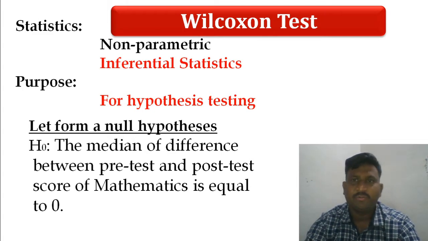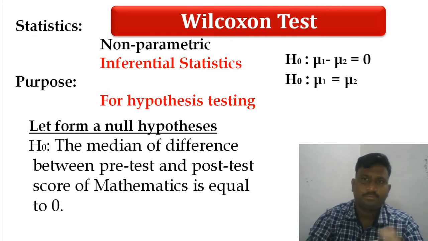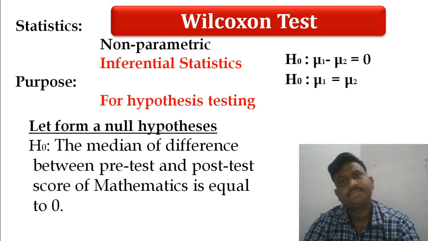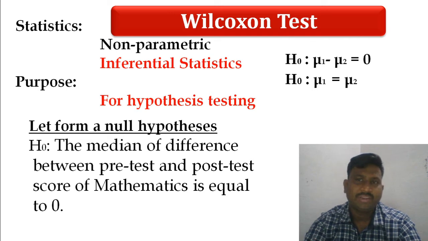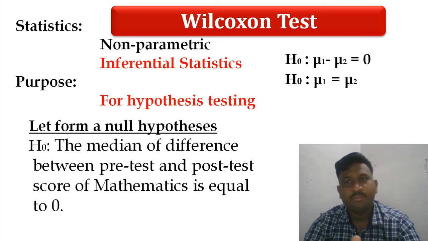So let us go with an educational setting example. So we can write H naught: mu1 minus mu2 is equal to 0. Here mu1 and mu2 represent the median.